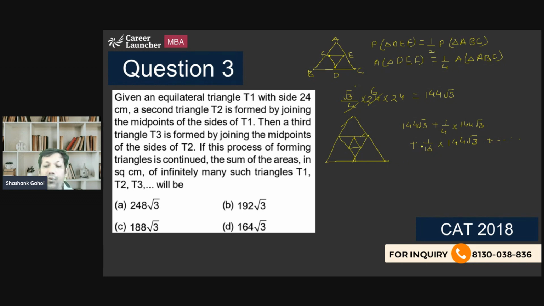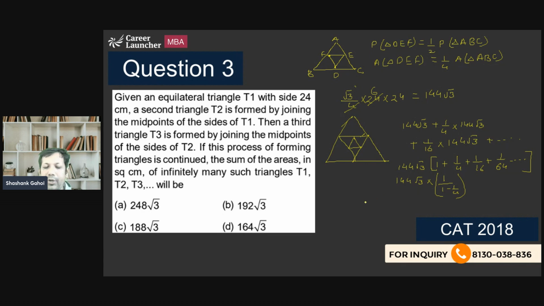So what is the sum of all those values? I am going to take 144 root 3 common. I am going to get 1 plus 1 by 4 plus 1 by 16 plus 1 by 64 and so on. So what kind of GP is it? It is an infinite GP. The sum of an infinite GP is a upon 1 minus r.